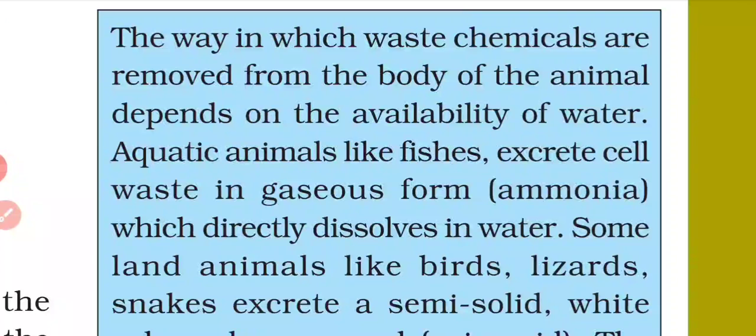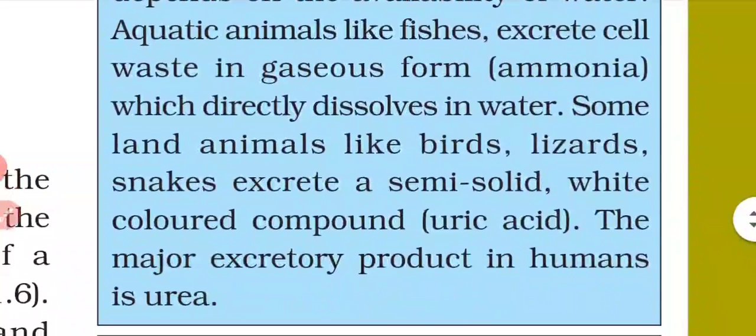Some land animals, for example lizards and birds, remove their waste in the form of a semi-solid white-colored component called uric acid. The majority of other, higher animals excrete in the form of urea. So the waste product produced depends upon the availability of water.